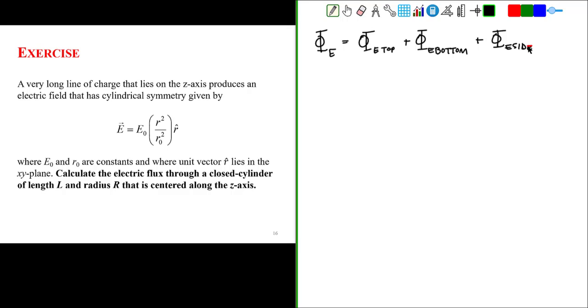So beginning with the top surface, the electric flux through the top surface, which I'll abbreviate with a T, is equal to the surface integral through the top surface of the electric field passing through the top surface dotted with the area vector of the top surface.